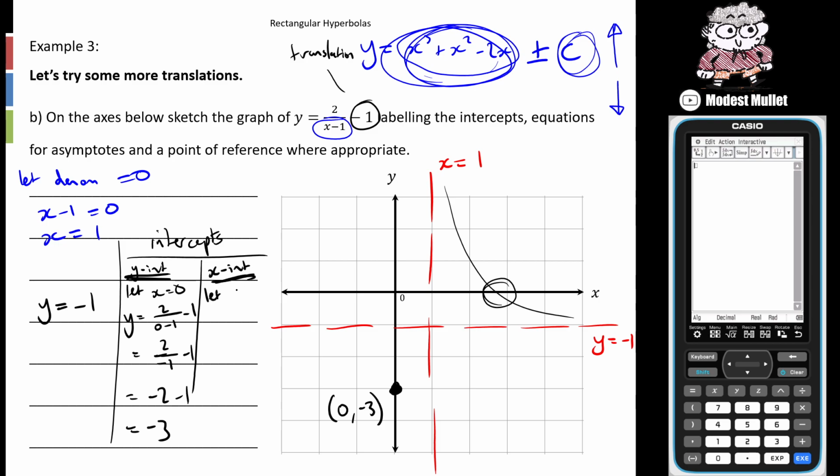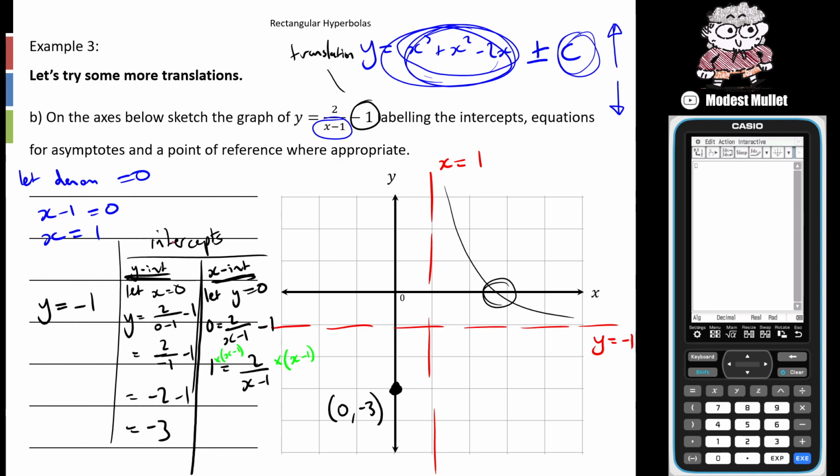And now we can do our x-intercept. So we have to let y equal 0 in this case. So 0 equals 2 on x minus 1, minus 1. So 1 is equal to 2 on x minus 1. Now, because our x is in the denominator, we need to bring that whole denominator across. So the next inverse operation step is to multiply by x minus 1, and the same over this side, multiply by x minus 1.